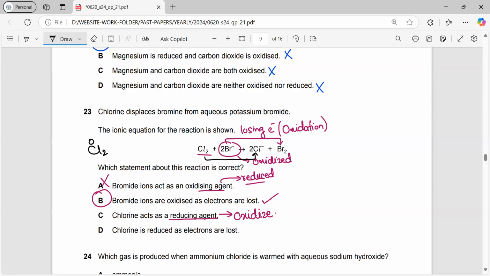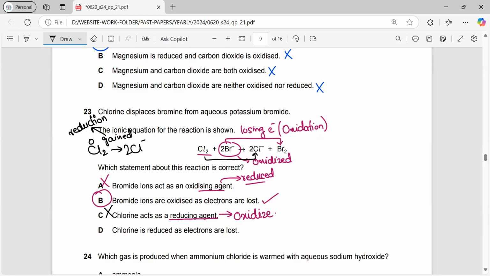Chlorine is 0 and it is becoming chloride ion in the equation, so it has gained an electron to become negative. And gain of electrons is reduction. So chlorine is getting reduced and not oxidized. So this is wrong.